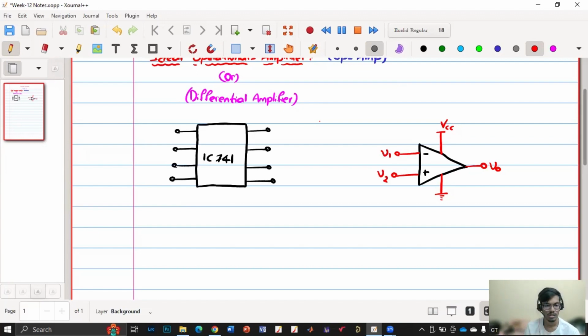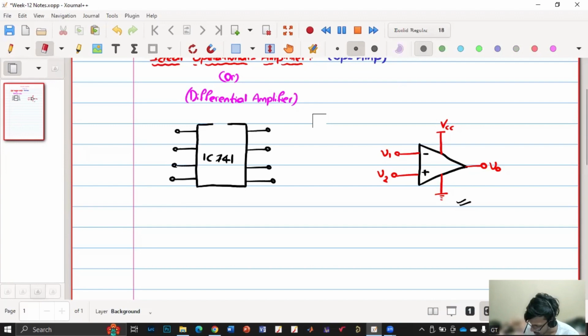The normal representation that we use in our day-to-day life is this one. But the actual IC will have 8 terminals or maybe more than 8 terminals, depending upon different IC structures. But this is a quite famous IC. If you see any IC, it has one dot, or instead of a dot there could be a notch as well. Some ICs have a notch, which means that is the top side of the IC.